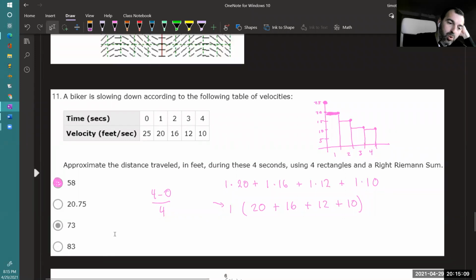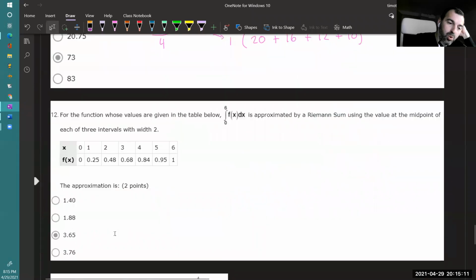It was a Riemann sum. What do we got here? A midpoint Riemann sum. Okay. Now, let's see. This one's tricky. So we're going to have 3 intervals of width 2. This is actually kind of nice. They set it up for us.